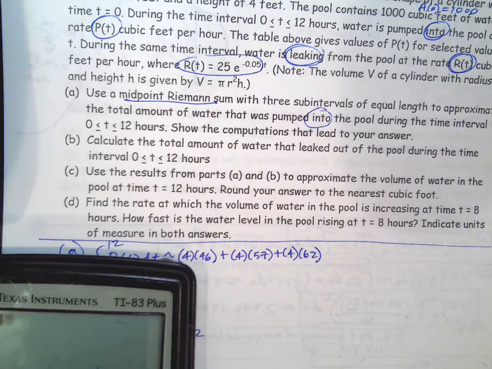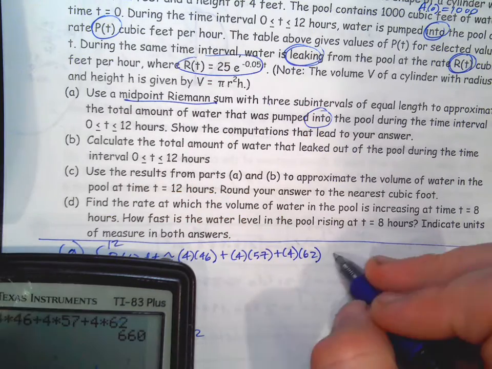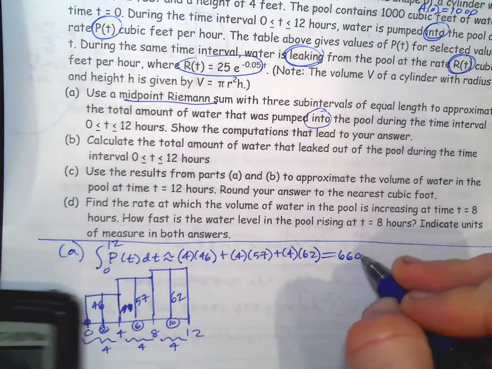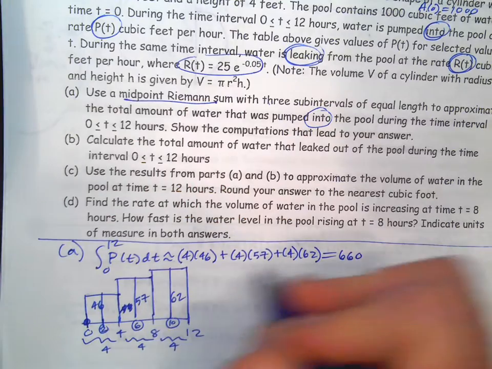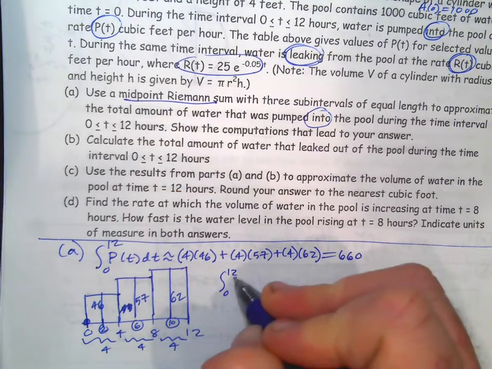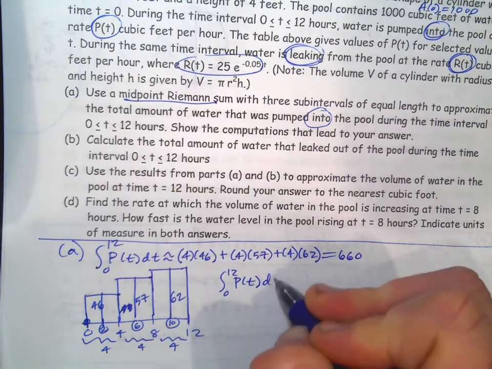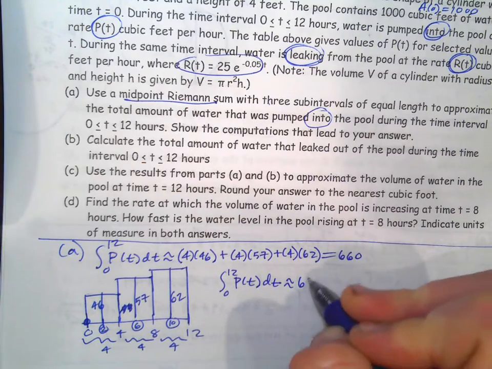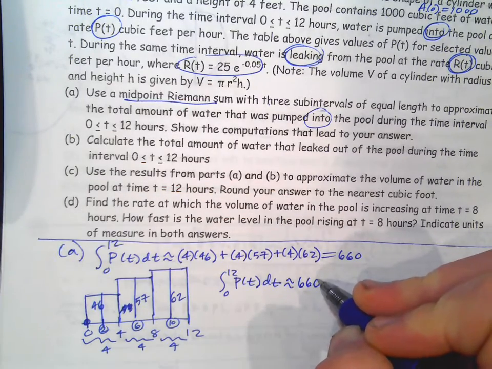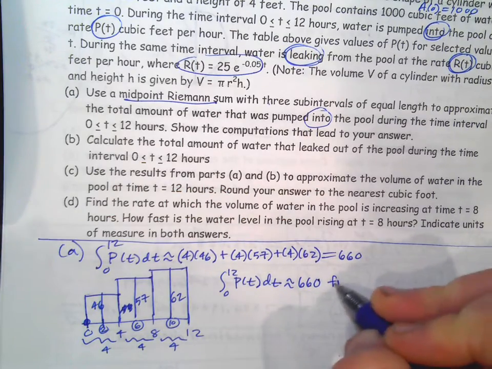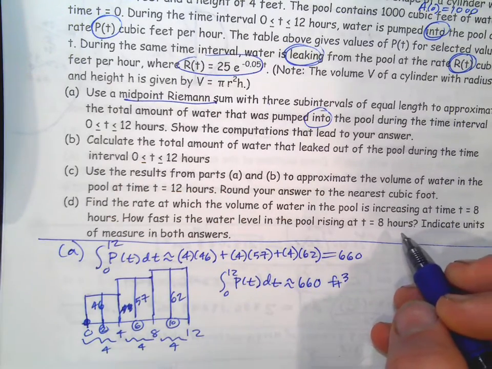So 4 times 46 plus 4 times 57 plus 4 times 62 is 660. So the integral from 0 to 12 of P(t) dt is approximately 660. The units of this should be cubic feet of water. This is the amount of water pumped in.